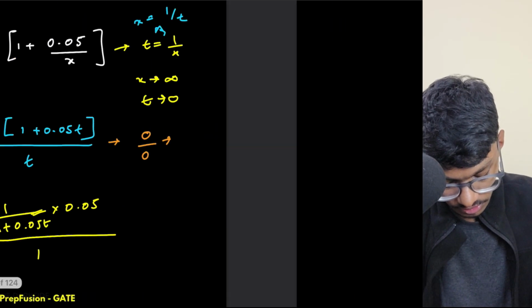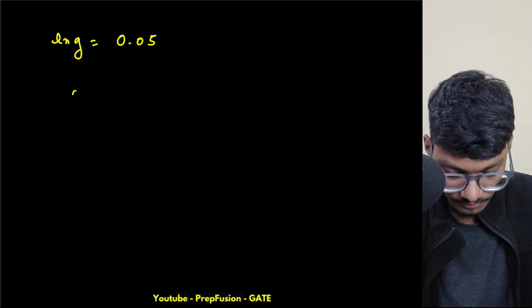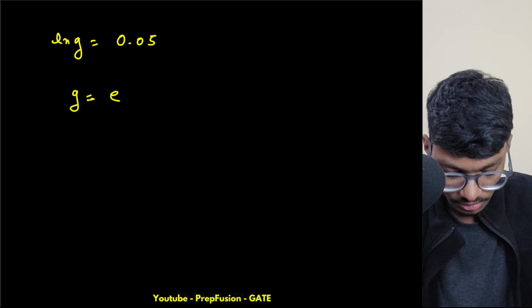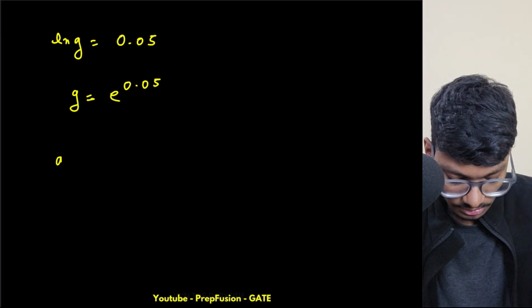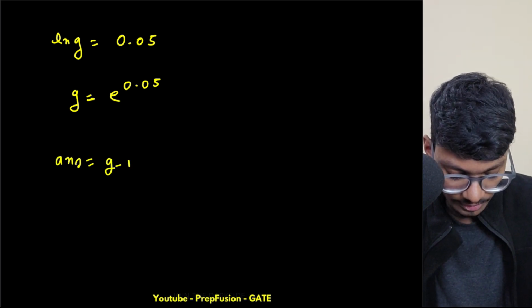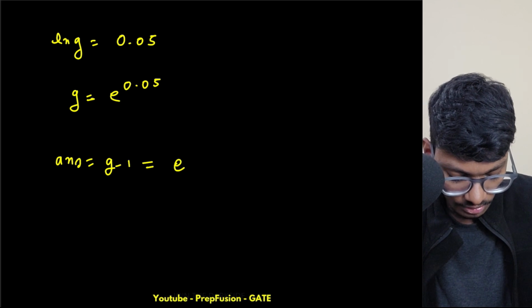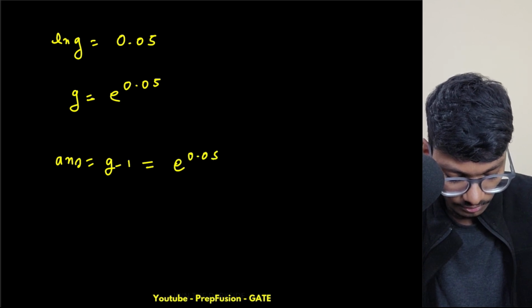So ln of g will be 0.05, so I take the exponential on both sides, g is e raised to power 0.05. Now my answer is g minus 1, which equals e raised to power 0.05 minus 1.